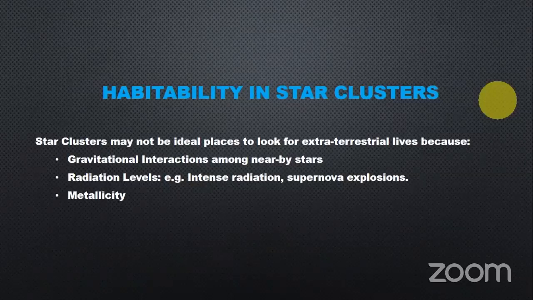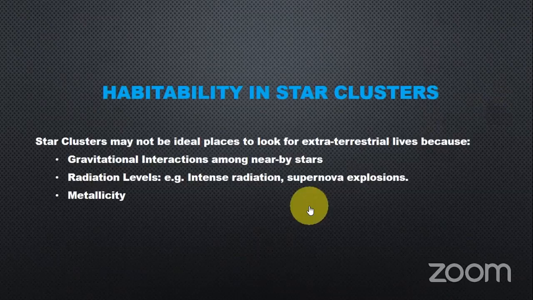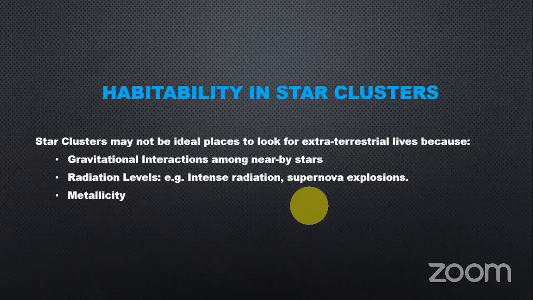The radiation levels from multiple other stars, due to intense radiation and even possible supernova explosions, could make life forms very hard to sustain. And also there is a problem of metallicity. For globular star clusters, they are mostly dominated by population 2 stars, which are metal-poor stars.